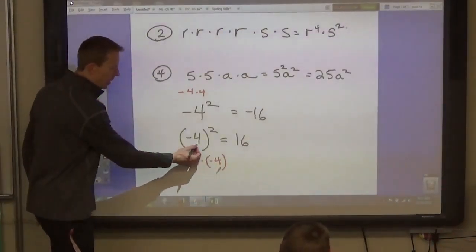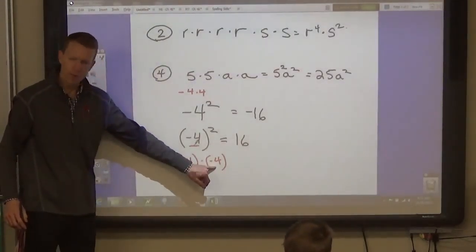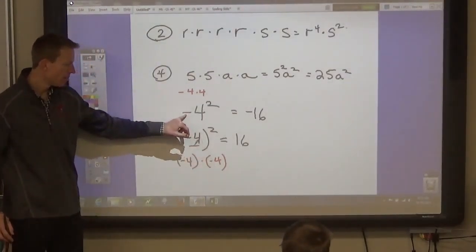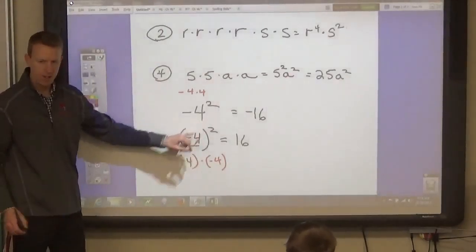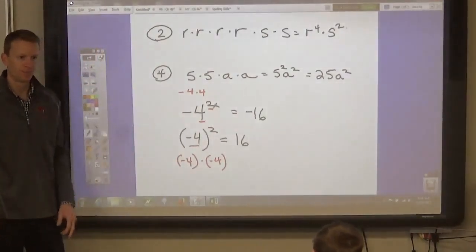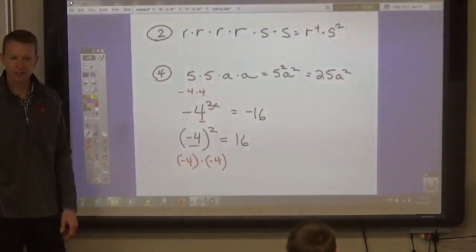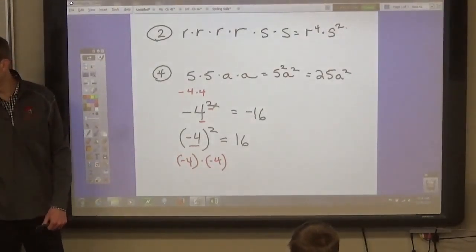Yeah, the negative sign is in the parentheses. So it's negative 4 times negative 4. Whereas this one, the negative sign is not in parentheses. Only the 4 is being squared, not the negative sign. Okay? So remember that example.